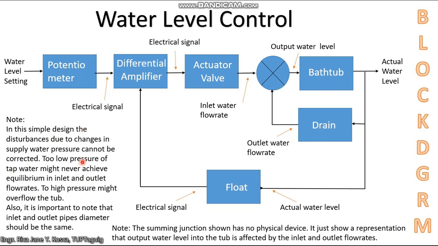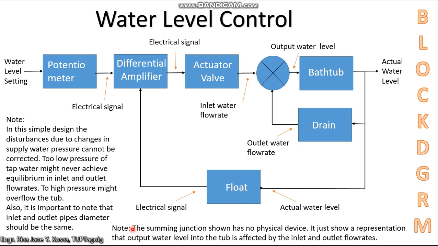Okay, so those are design considerations na kailangan natin isipin, na yun ang limitation dito sa simplified na block diagram na ito. Okay? Unlike doon sa the first design that I've provided you, all those disturbances or limitations are controllable.